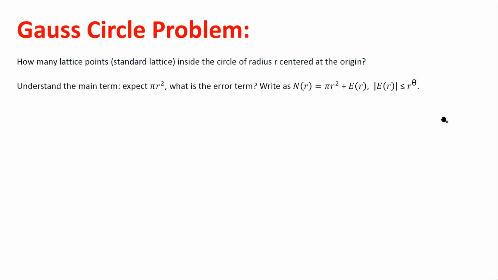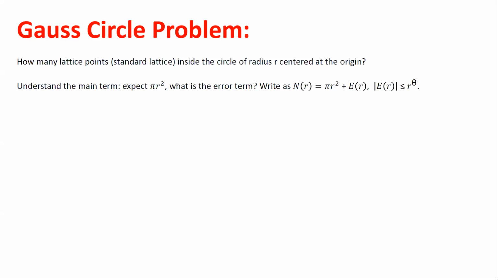And if you want, you could change this a bit and allow yourself to put some universal constant c here. I don't really care what the value of c is. I care how it grows with r. That's the thing that really matters.